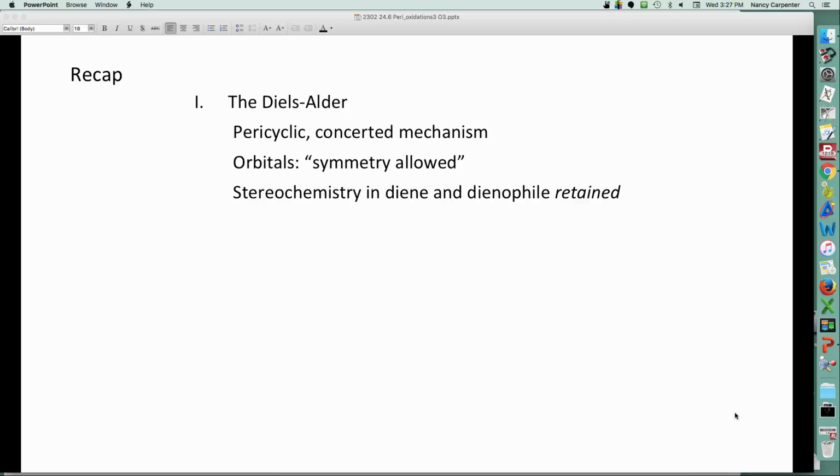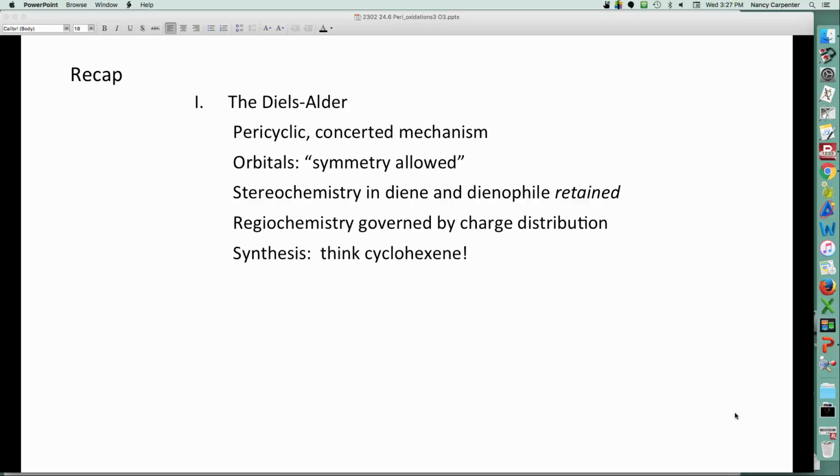You retain the stereochemistry as the reaction goes through the boat transition state, and the regiochemistry is governed by aligning the charges so that plus and minus interact, and you can figure that out from resonance. In terms of synthesis, if you see a cyclohexene, you should be thinking Diels-Alder.